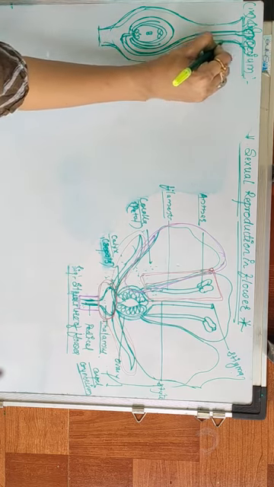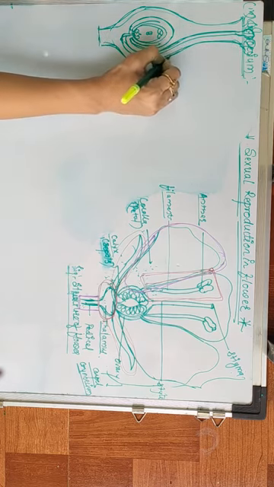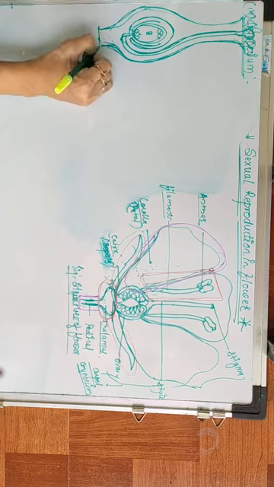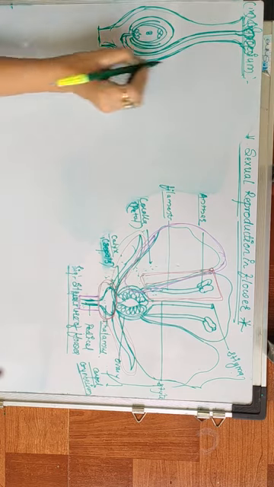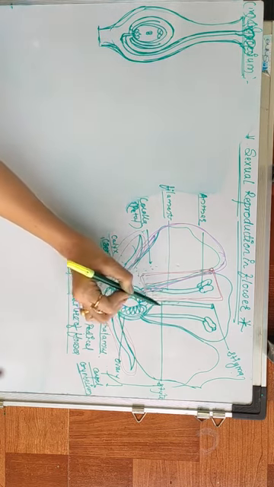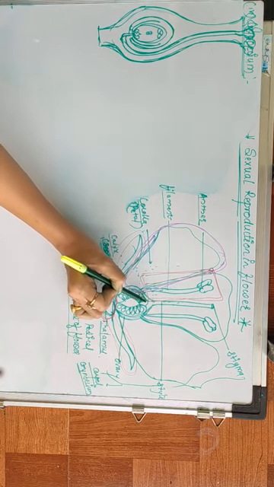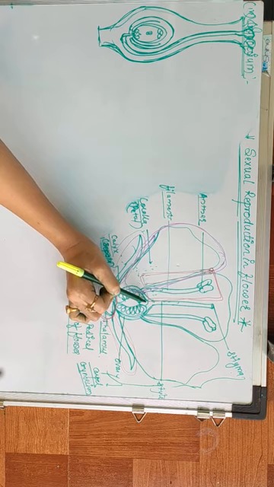Now see, I will tell you what this is. Now we are going to study this portion, the fourth essential whorl, that is called carpels, or it is also known as gynoecium.